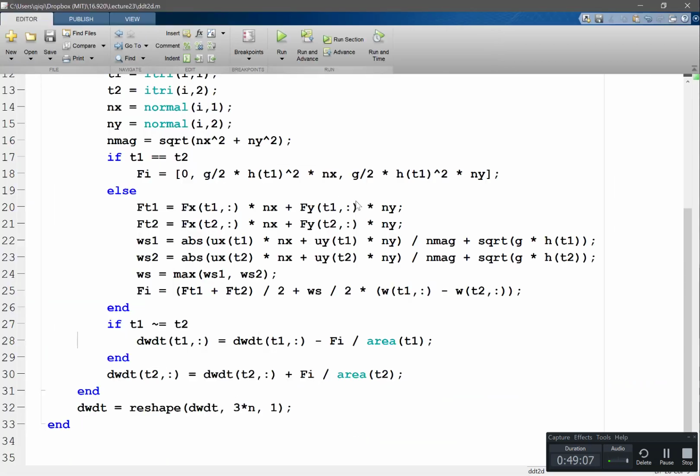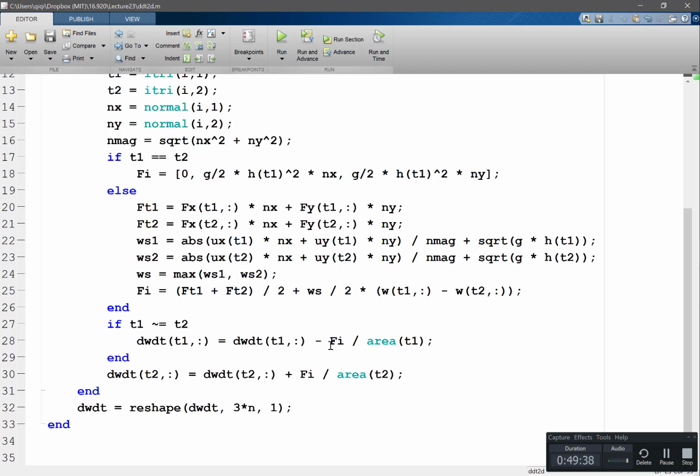And let me also inspect if the numerical dissipation is added the correct way. So Fi is T1 minus T2. And so the Fi is going to be subtracted from T1.